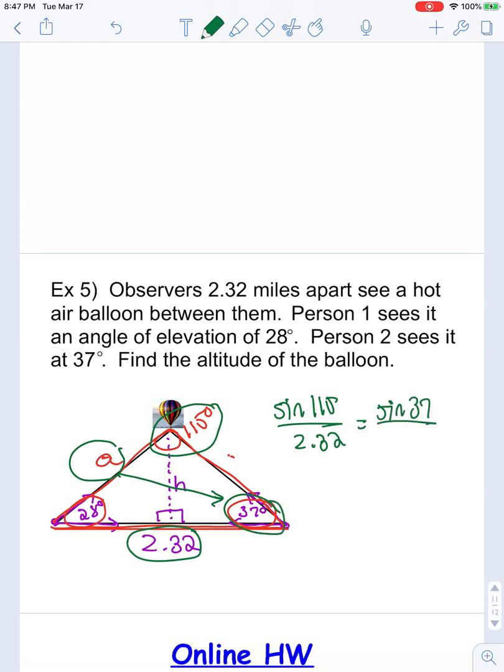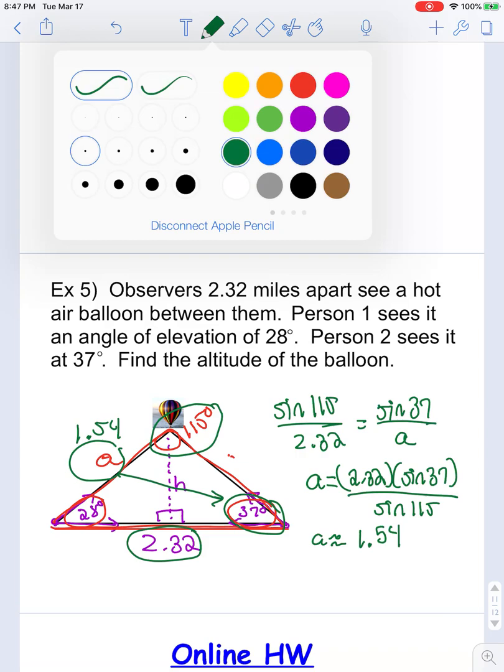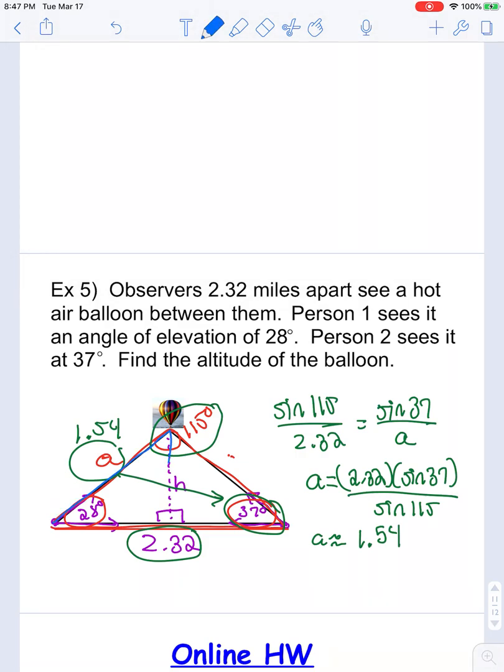So I will write the sine of 37 over the missing side A. And using cross multiplying, we can multiply the 2.32 times the sine of 37, divide by the sine of 115, and A will be approximately 1.54.